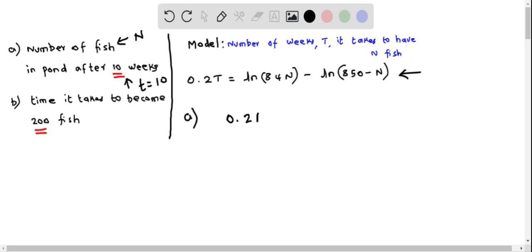I'm going to copy this model, that is 0.2t = ln(84n) − ln(850 − n).